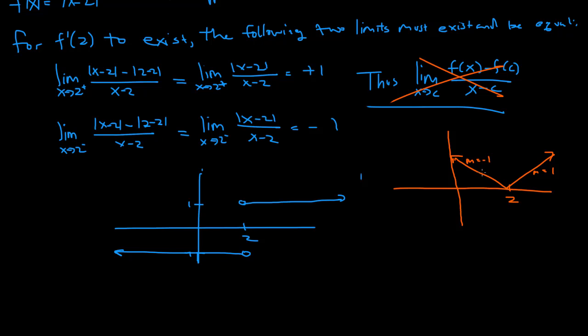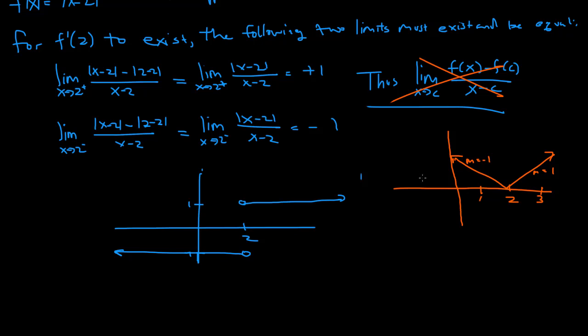Now, that's not to say that the derivative at x equals 1 does not exist. The derivative at 1 does exist. The derivative at 3 exists. It's just that the derivative at that cusp does not exist. So the derivative at x equals 2 does not exist. However, this function is differentiable everywhere else. 2 is the only sharp turn in the absolute value graph.